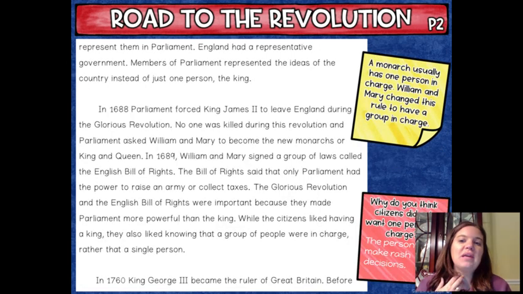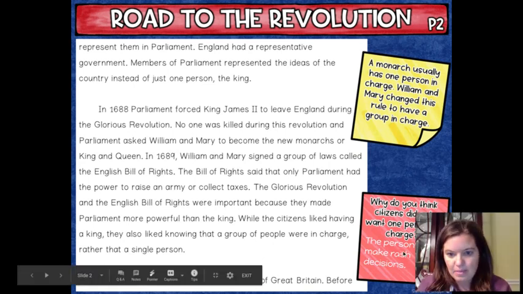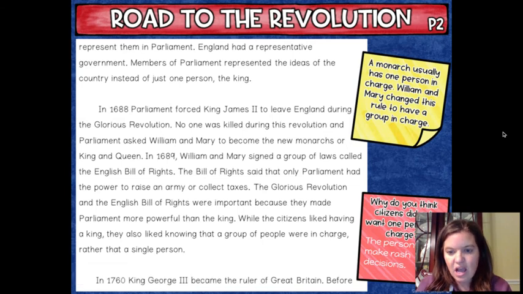On our second page, we had another post-it down here at the bottom. It says, why do you think they don't want one person in charge? The answer is they don't want one person to have all the power, or they don't want to depend on one person who could possibly make a rash decision.